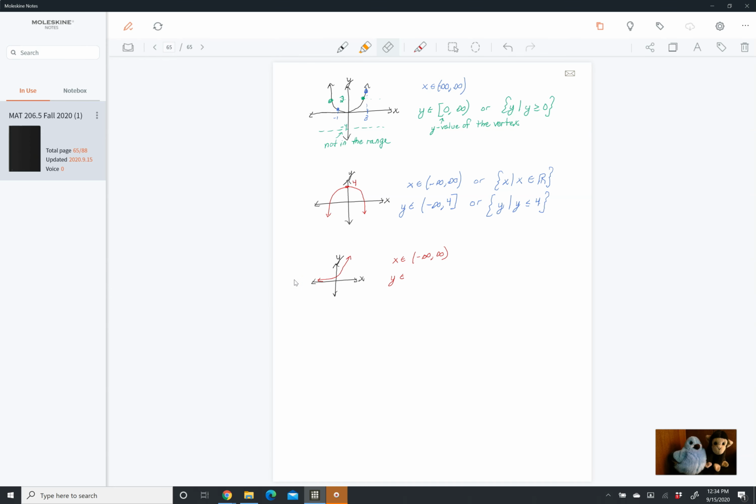So what does that mean? That means that we go from 0 to infinity, but this time the 0 is not included. And in set notation, we would be saying y such that y is greater than 0. So there's no equals sign. We never actually touch that x-axis.